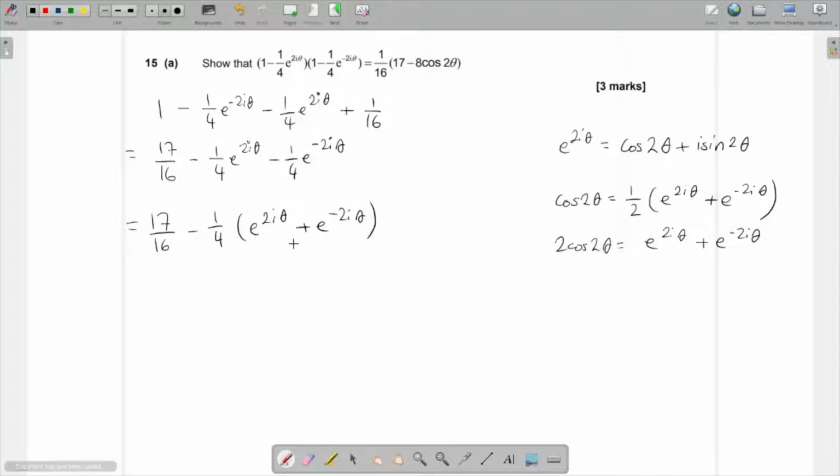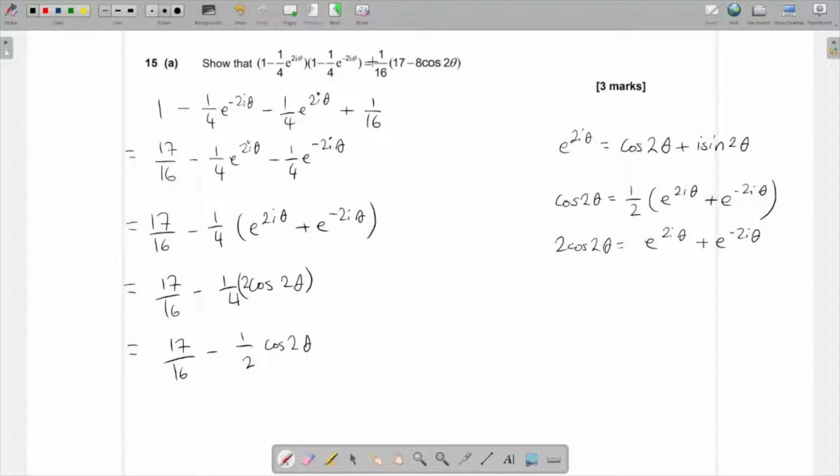So now I can plug that whole thing into here. So it becomes 17 over 16 minus a quarter of 2 cos 2 theta. Once I expand it, I should get 17 over 16 minus half cos of 2 theta.